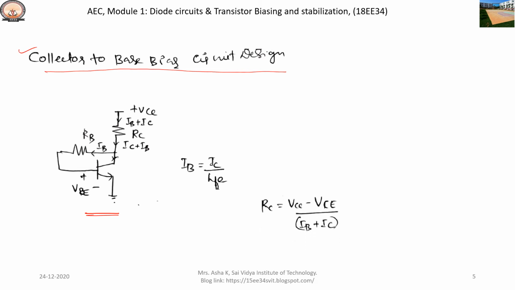Then to find the resistance RC, that is one voltage VCC and another voltage VCE whole divided by the current flowing through here, which is IB plus IC. And by applying KVL to the input side of the circuit, we can easily find the resistance RB, that is nothing but VCC minus VBE minus of IC plus IB into RC whole divided by the current IB.